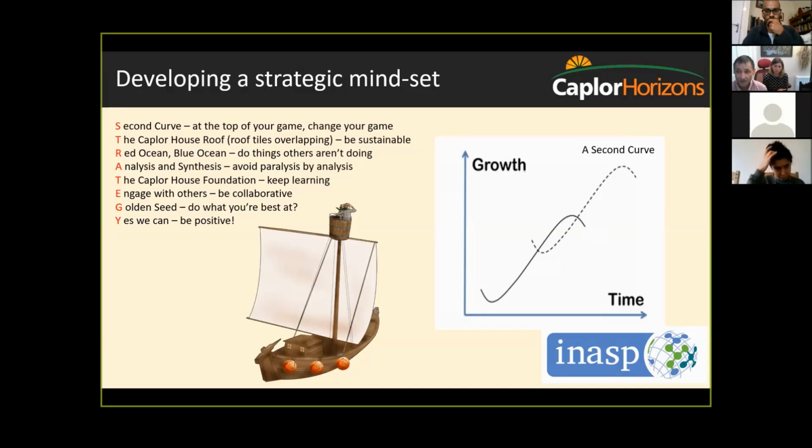So on that slide, you can see on the right-hand side a diagram with growth and time. And basically, with that diagram, what you can see is the curve, and hence the second curve, with a dotted line and a bold line.